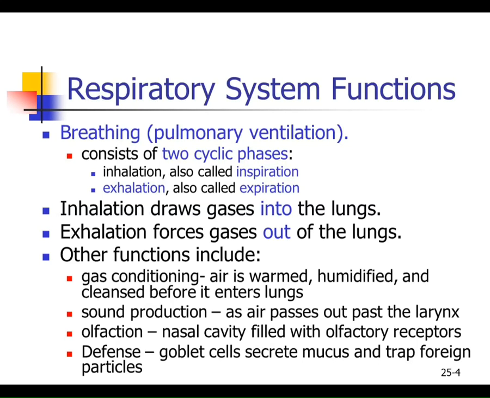Now, in addition to the inspiration, expiration, we also have conditioning of the air. As you bring air in from the atmosphere, it gets warmed, it gets humidified, and it gets cleansed. So by the time the air reaches down into your microscopic structures of your lung, all the particles have been taken out, right, by the cilia and by the mucus. And you've warmed up that air. And it's pretty important.